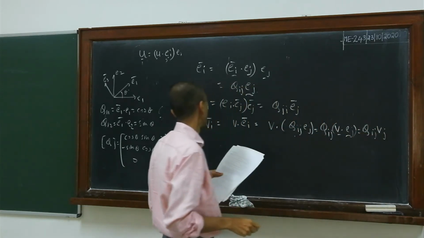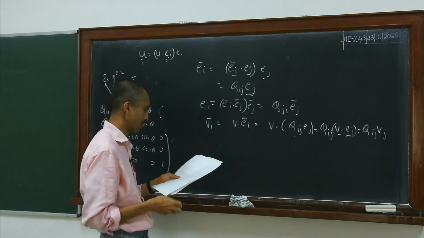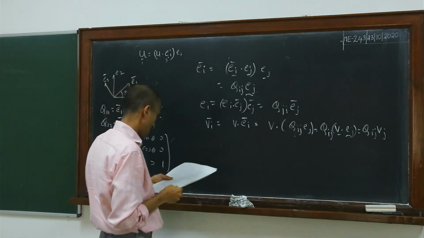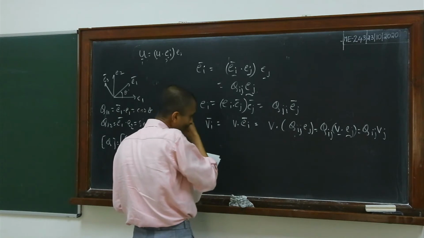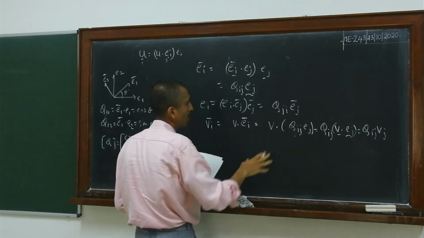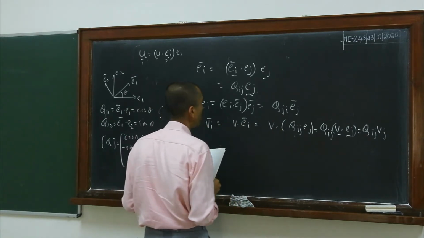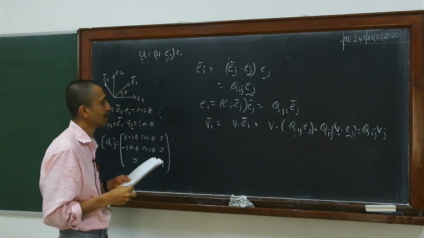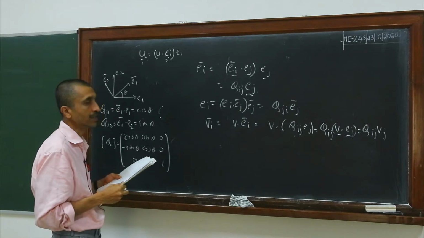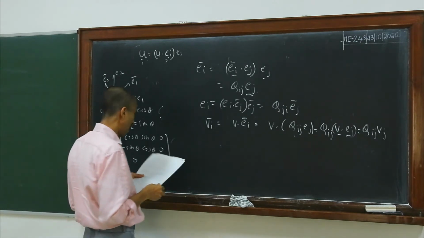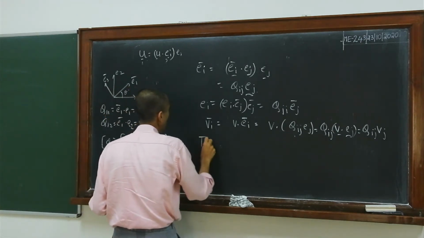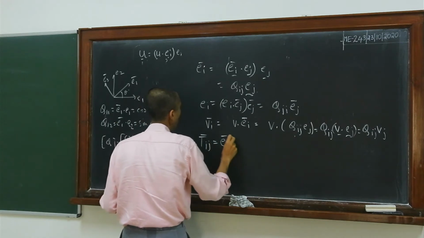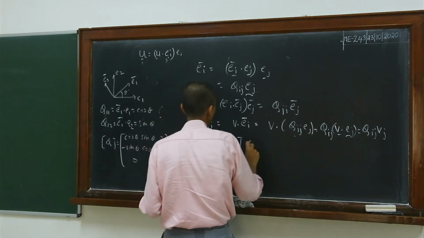So you get that vi bar is equal to Qij vj. So this is the transformation law for a vector. In a similar way, you can derive the transformation law for the components of a second order tensor if you change the basis. So this you can write as Tij bar is equal to Ei bar dot T Ej bar.